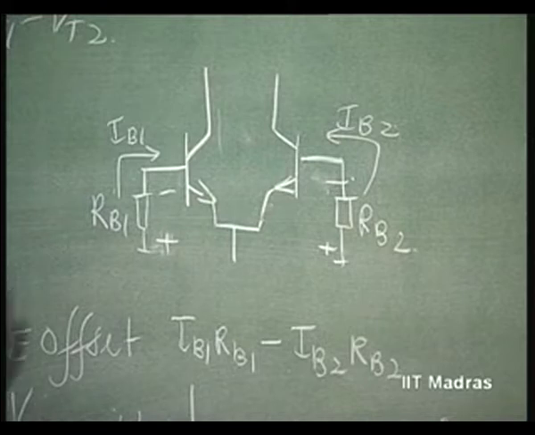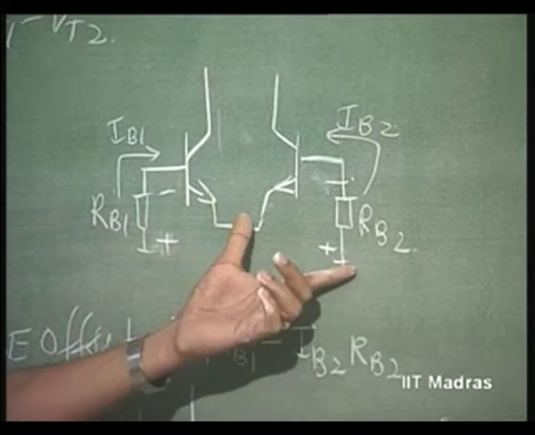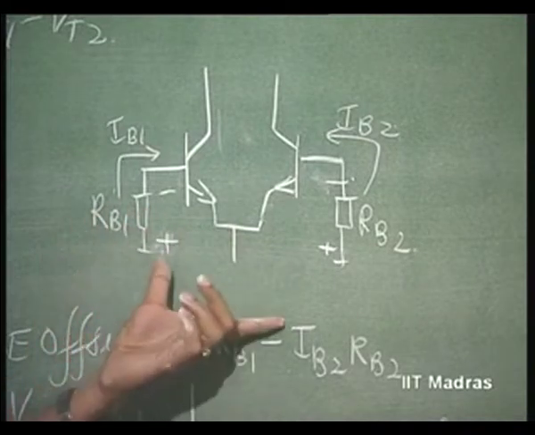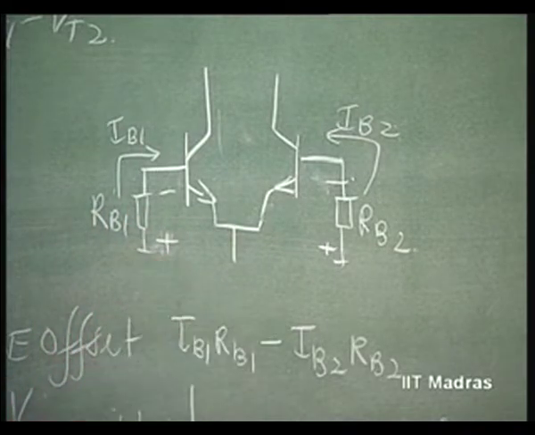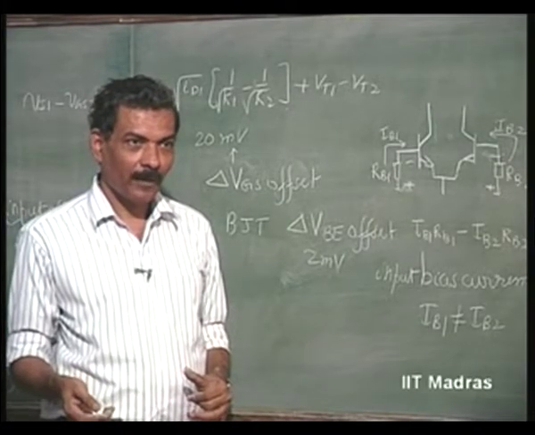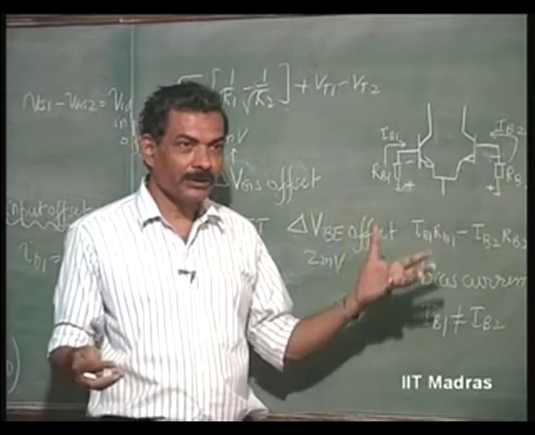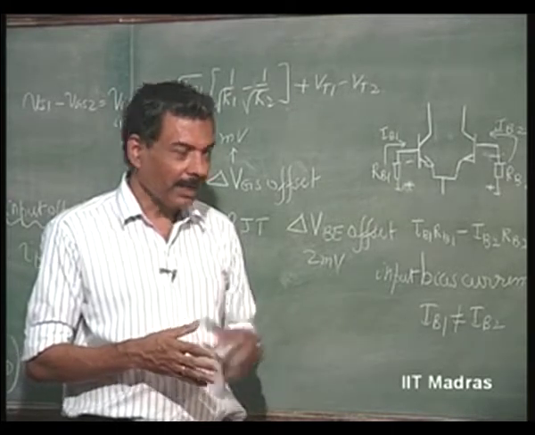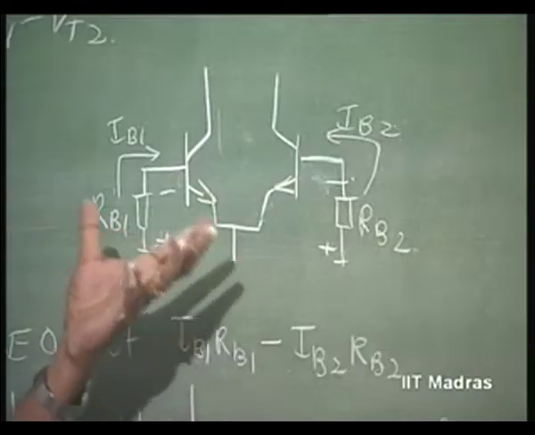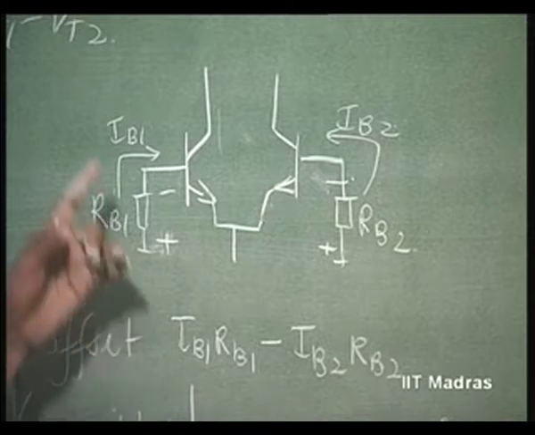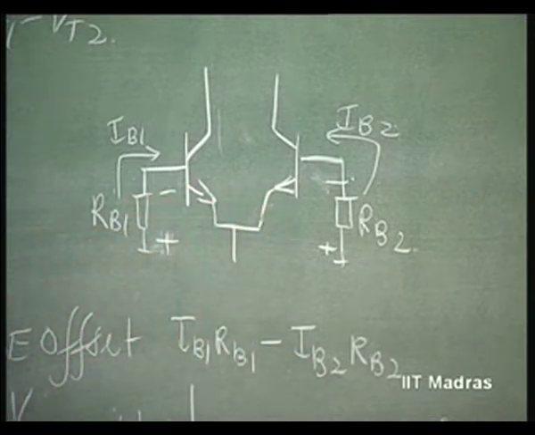So, if you have sources coming with large resistances at the inputs, which might therefore cause bias current offset, then you will use a MOSFET as the input stage. But if you are sure of sources with low valued resistances coming at the input, where the bias current offset is going to be extremely small because RB1 and RB2 are very low, then you will use a bipolar junction transistor.